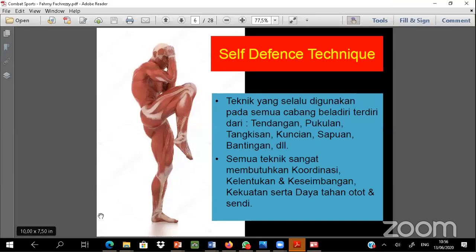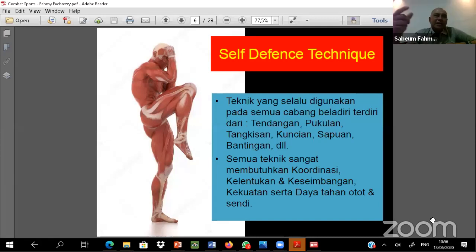Okay, and next, after they have many skills, they try to apply them to the situation. The situation is a rival or partner or target. This is the situation. How do we improve the situation?